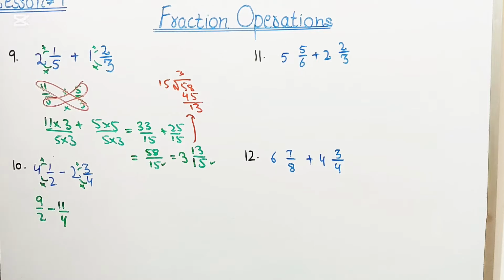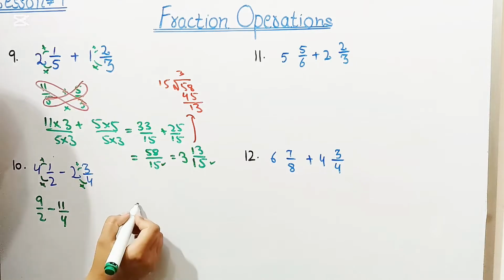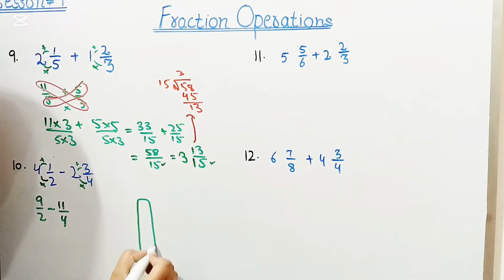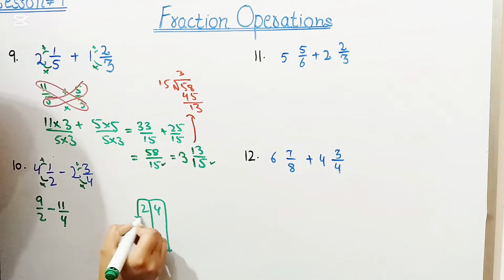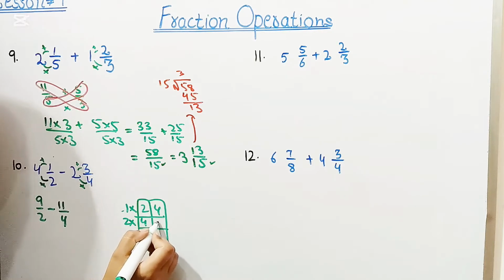We can see their multiples, and we can see the butterfly method. If I take their multiples, 2 4, 1 multiplied by 2, 1 multiplied by 4, 2 multiplied by 4.